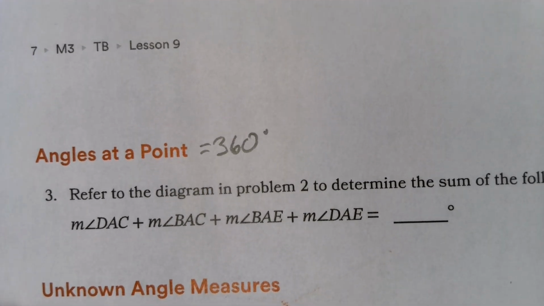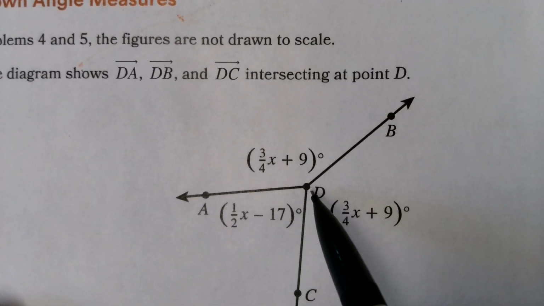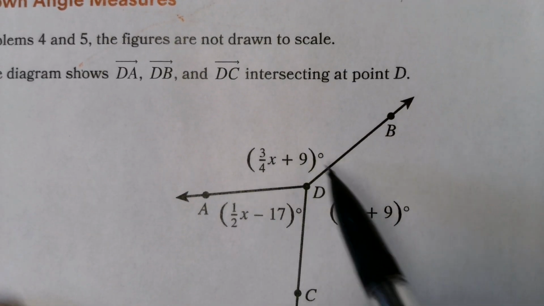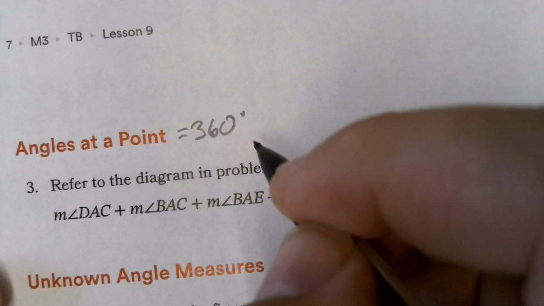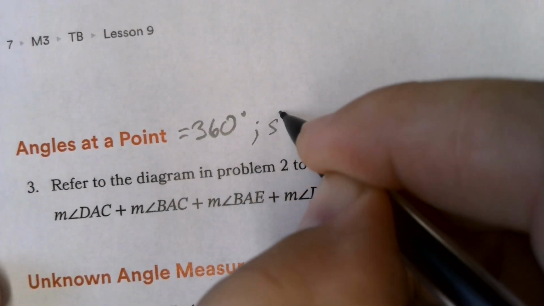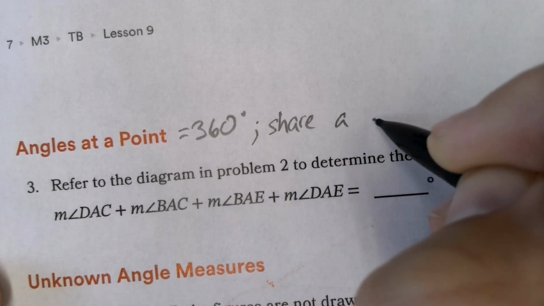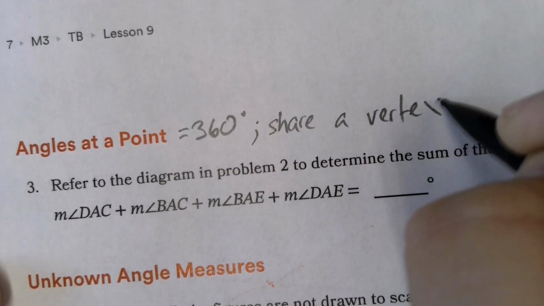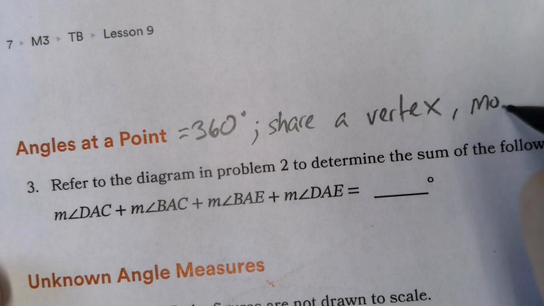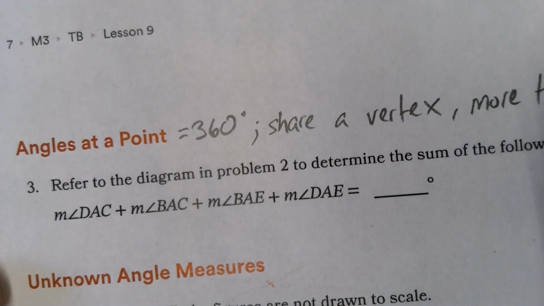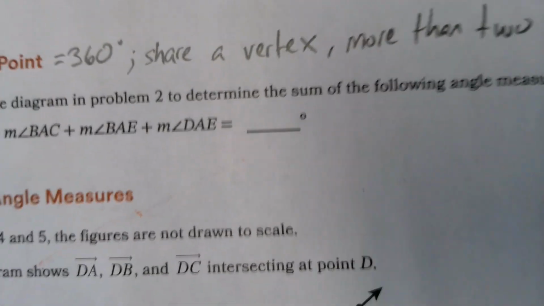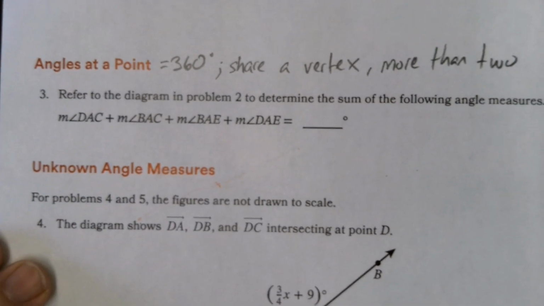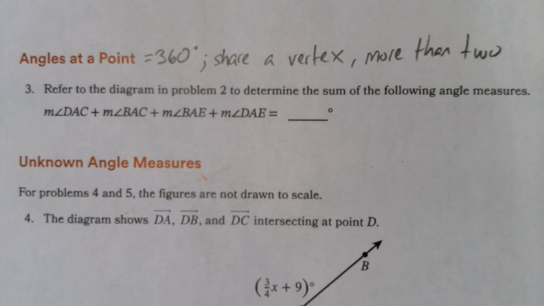They all share a vertex and combine to make 360 degrees, and there's usually more than two.